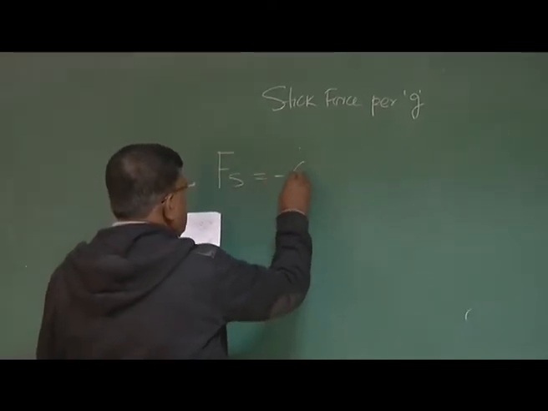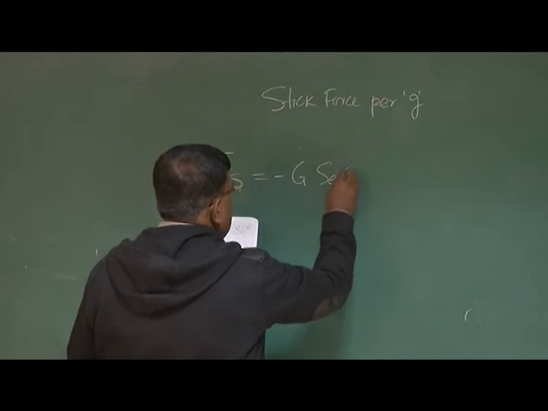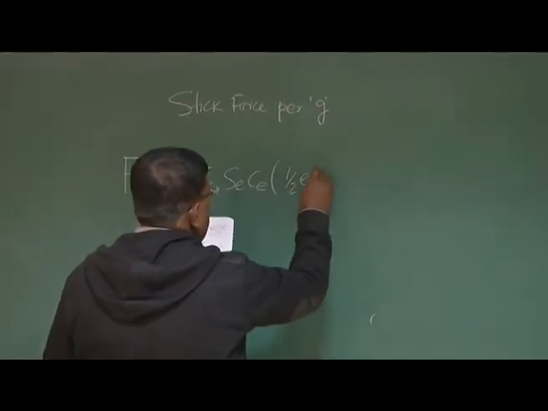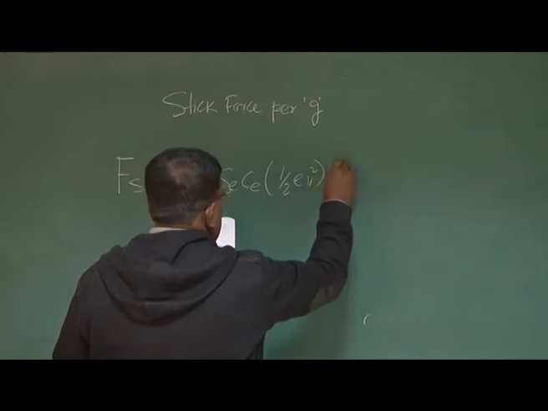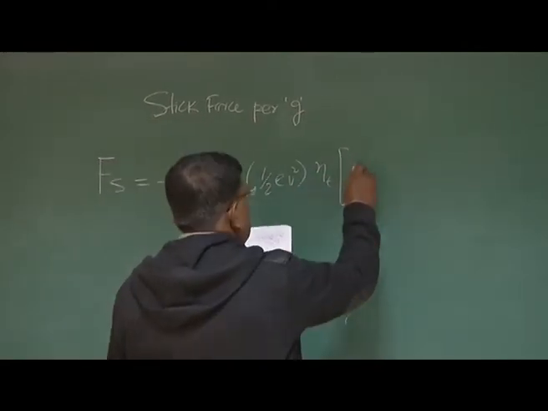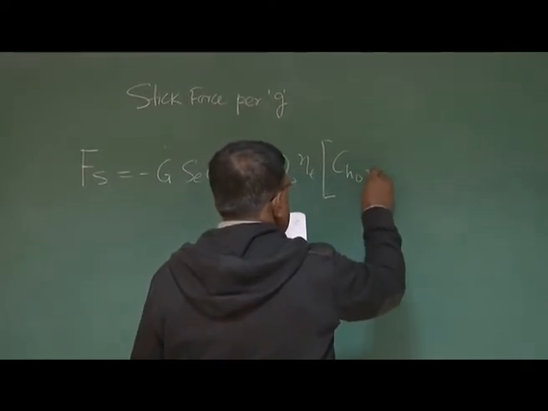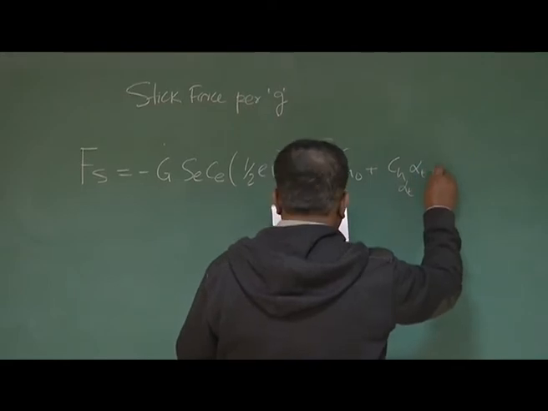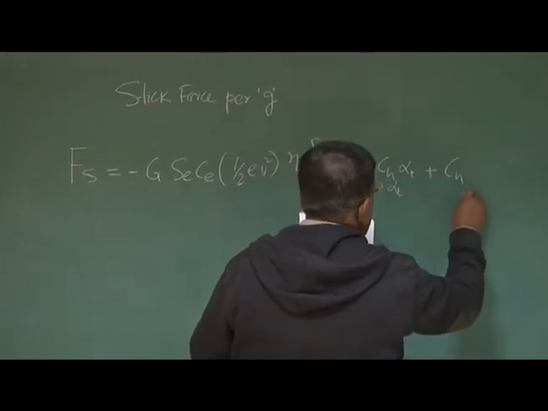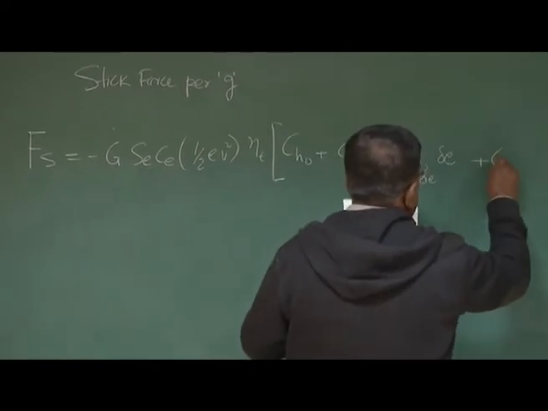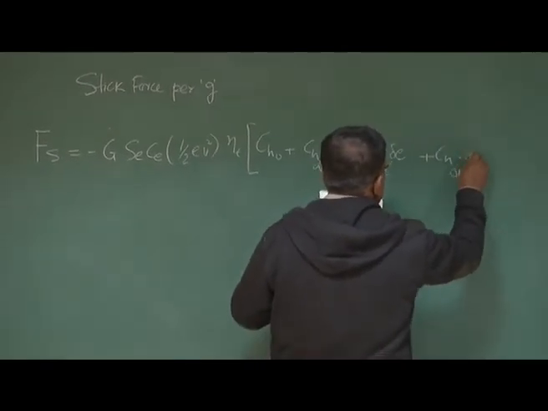Fs is minus g ac c, half rho V squared into eta t, and you are experts now, Ch naught plus Ch alpha t into alpha t plus Ch delta E into delta E plus Ch delta t into delta t.